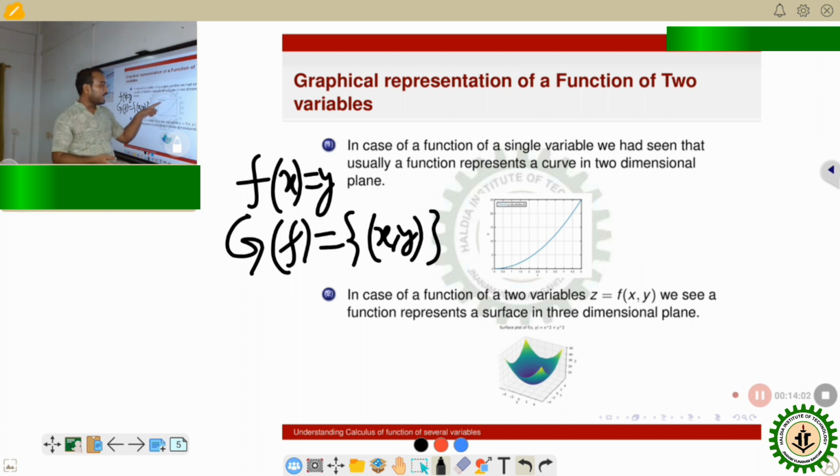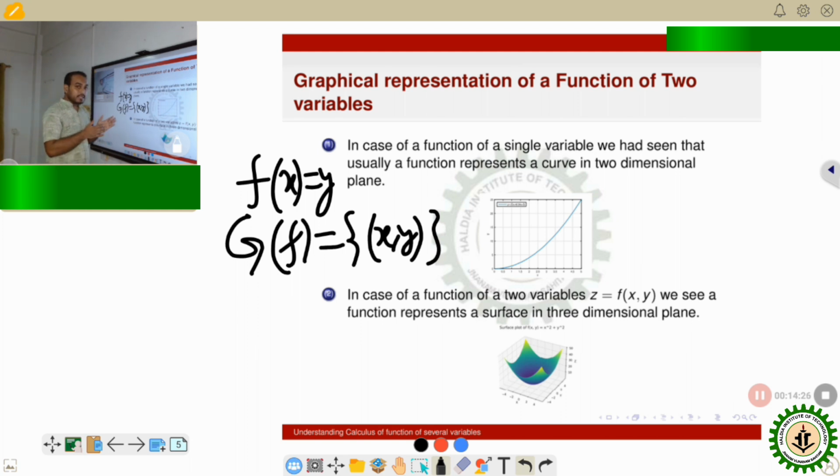Here I utilize the function y equal to 5x plus 4 over 4x plus 5. So this is an example of a single variable function, and its output, if I plot it, will be a curve on the xy plane. So the graphical representation of a single variable function is a curve on the xy plane.